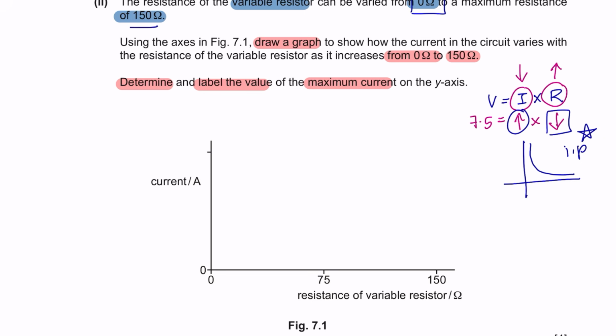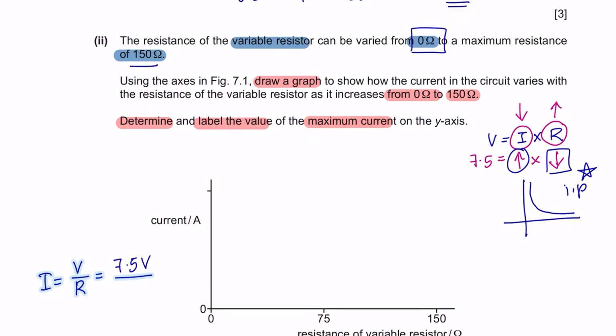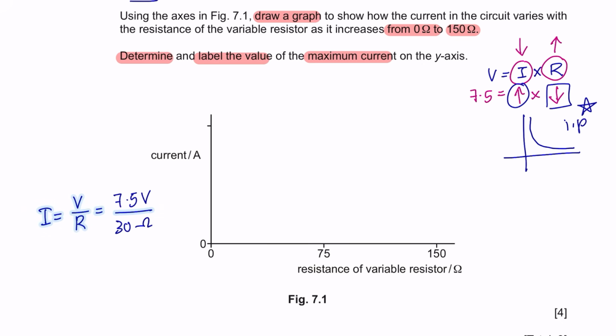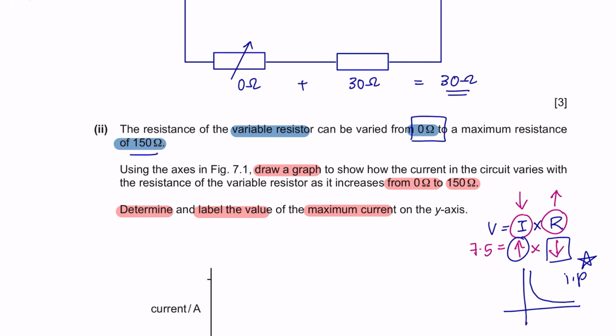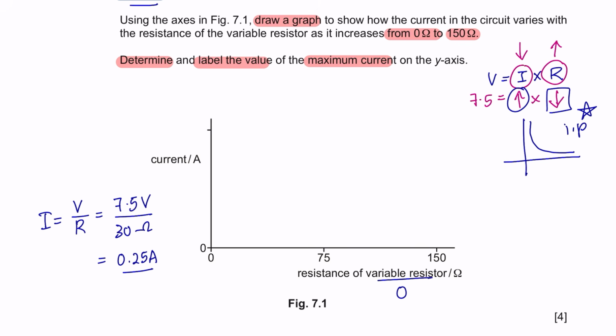Now, according to Ohm's law, if we rearrange with current as the subject, it will be voltage over resistance. So the total voltage was 7.5 volts, and the lowest resistance that we calculated is 30 ohms, giving you a maximum current of 0.25 amperes. So when the variable resistor is 0, we will get a maximum current of 0.25 amperes.